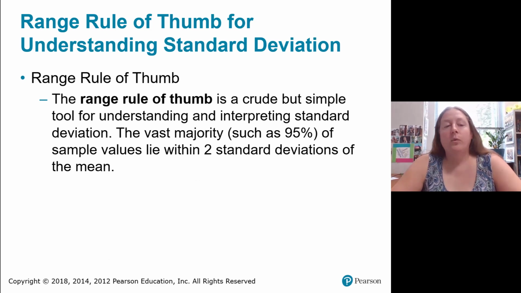So, one important rule is that the vast majority, even 95% of our sample values lie within 2 standard deviations of our mean. It's a rule of thumb, and it's really pretty crude, but it works out for us.